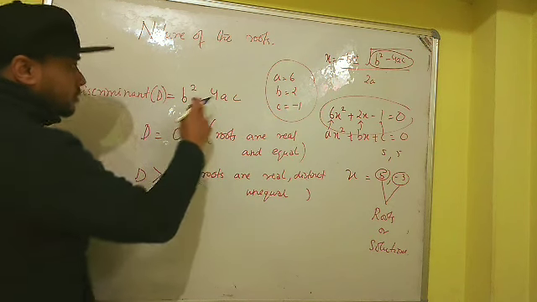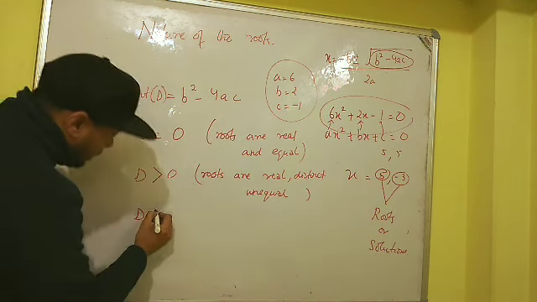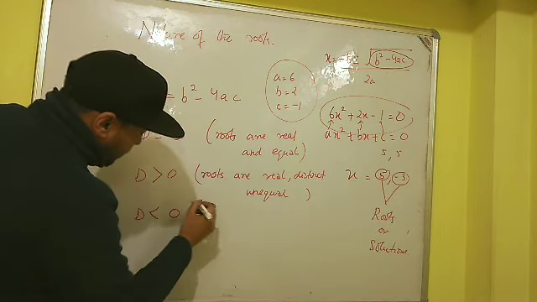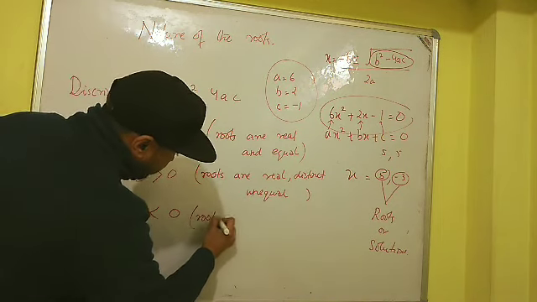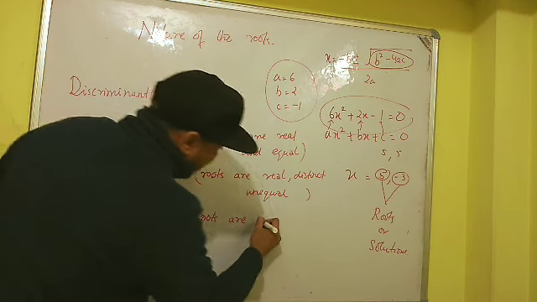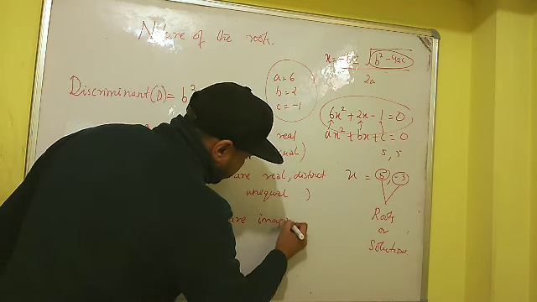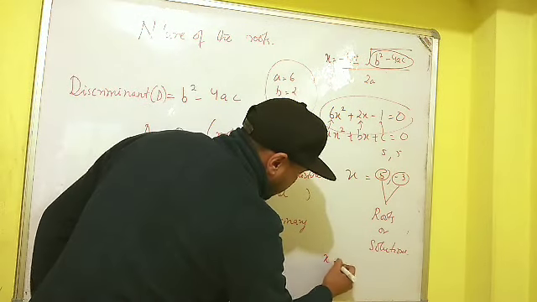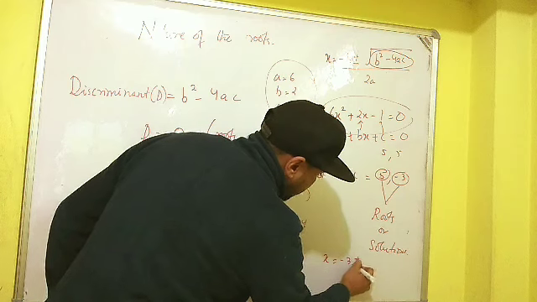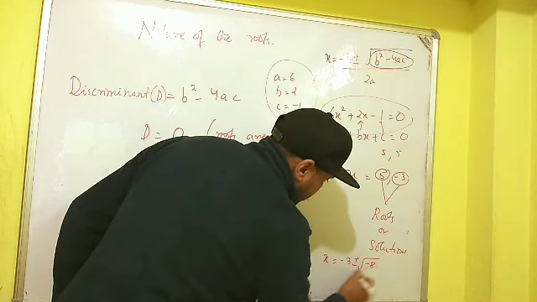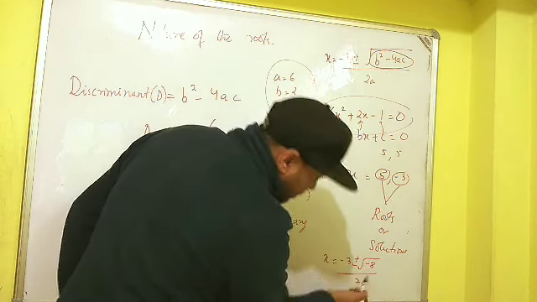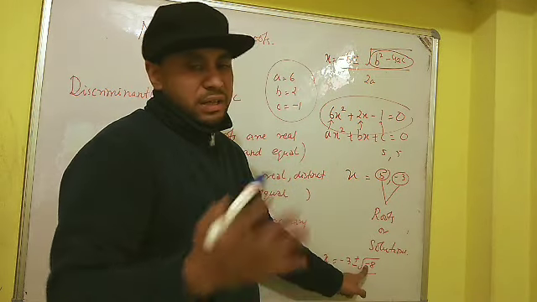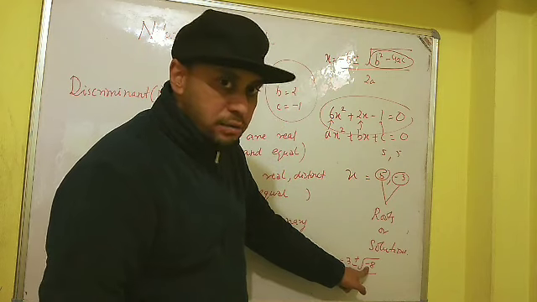Now, if after substituting the values of a, b, c in this form, D is less than 0, meaning any negative value, then the roots are imaginary. Because if after substituting the values here, it is minus 3 plus minus the root of a negative number, divided by 2, you see an irrational number with a negative value.